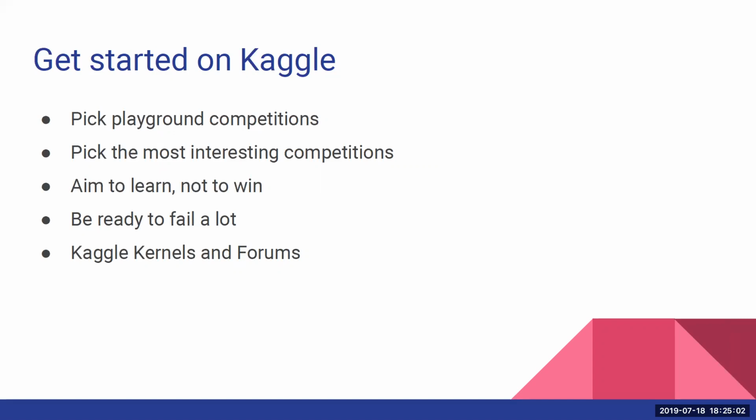So the second thing I would suggest is to pick the one you are most interested in. So you go to the list. It updates very frequently. They have a new competition every 10 days, maybe 2 weeks.